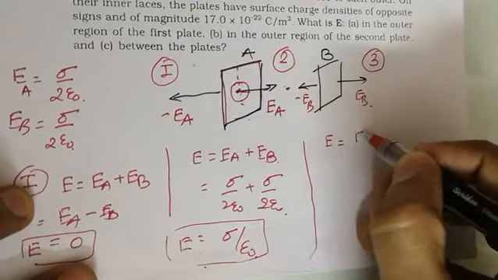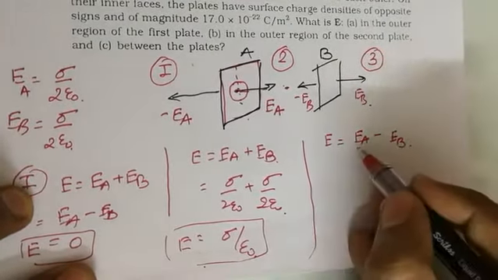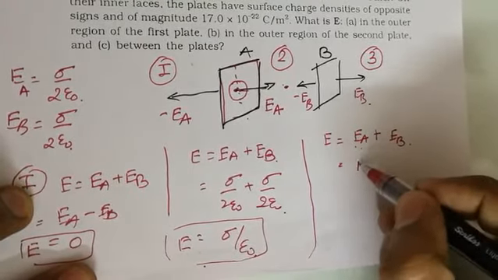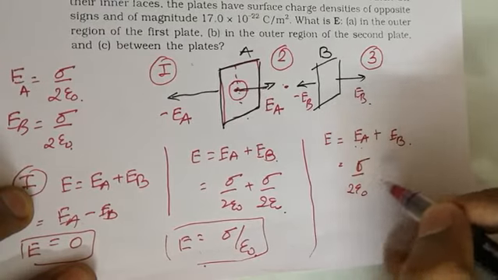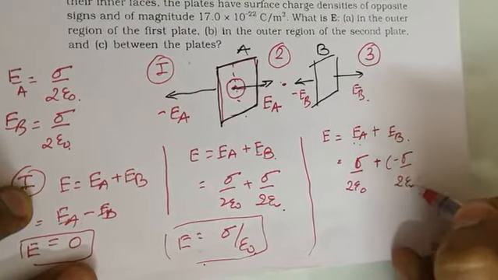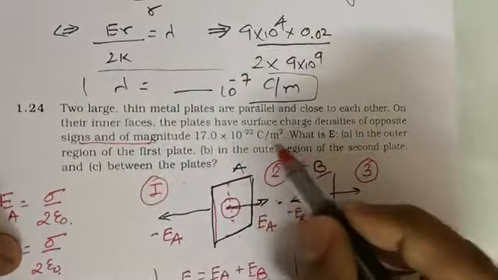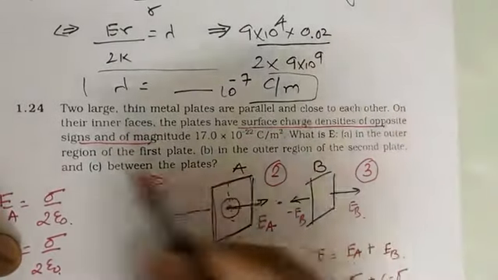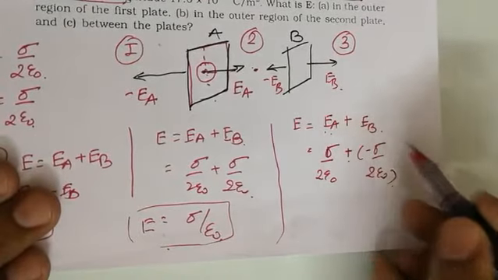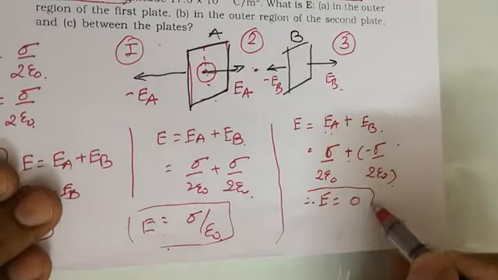Again on the right hand side, EA and EB: EA is positive, with value σ by 2ε0, plus minus σ by 2ε0. Why am I using such notation? Because they mentioned that the surface charge densities have opposite signs. That is why plus is there, but EB contains negative polarity. So the net electric field will be 0.